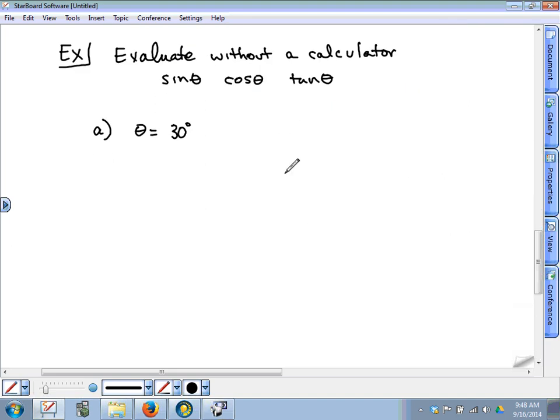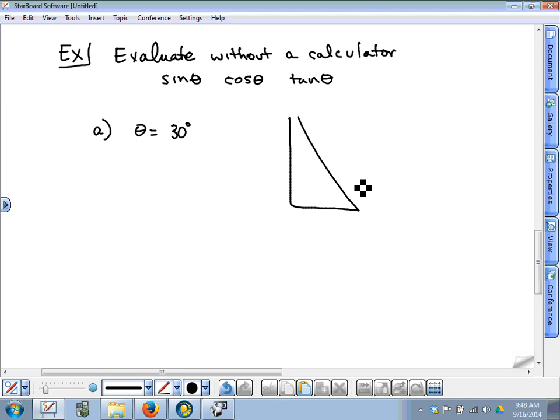I'll show you that in a second. But the special triangles are only useful if you remember them. 30, 60, 90. If this is 30 degrees and that's 60 degrees, 1, 2, square root of 3.